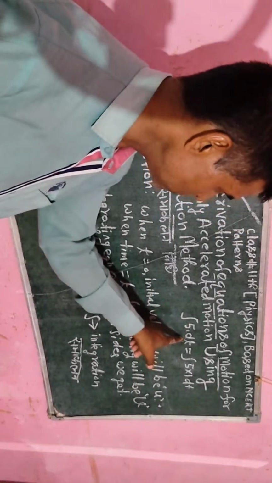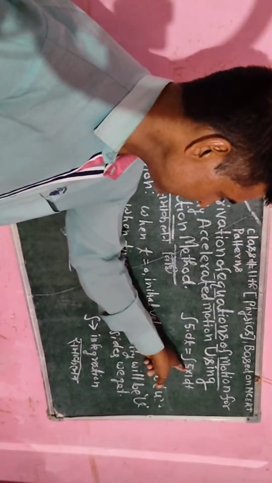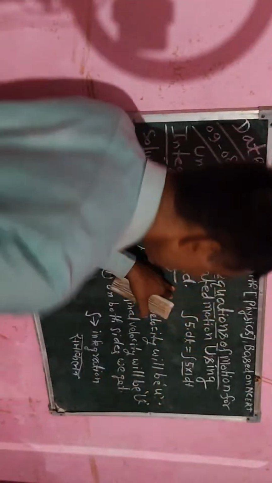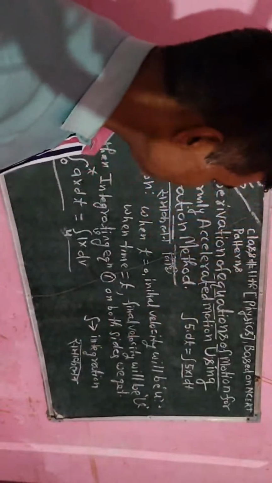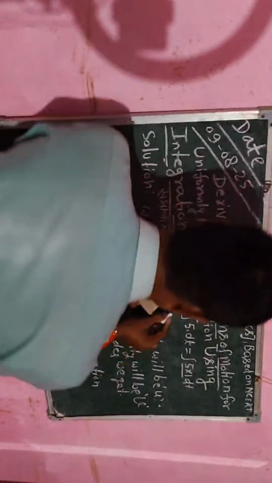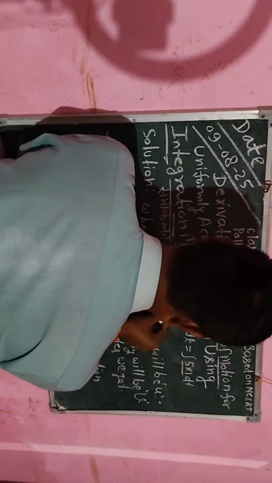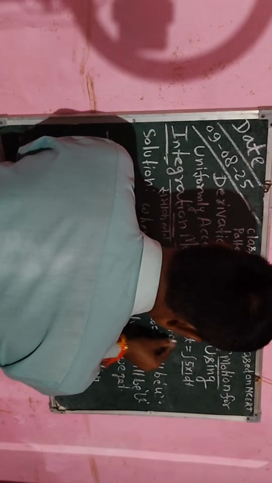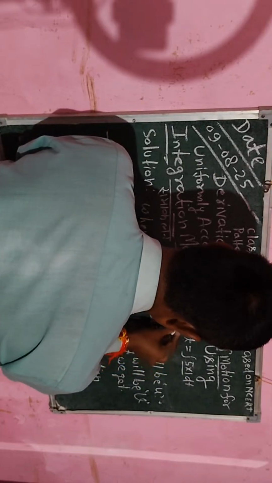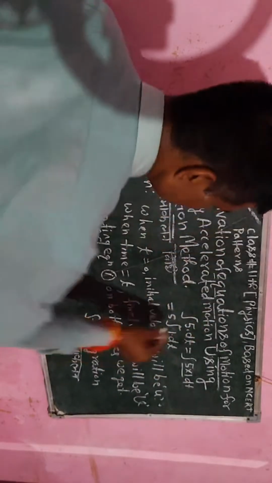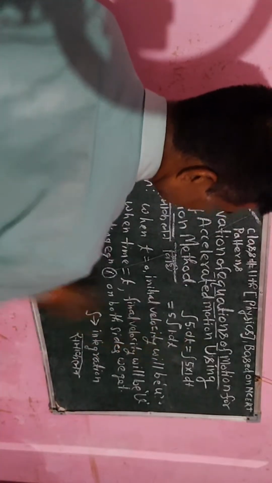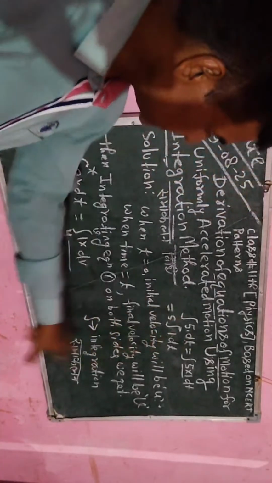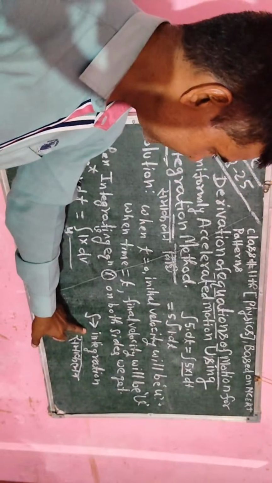Integration of 5 into dt: 5 is a constant, so I will take it outside of the integration sign. So I can write 5 times the integration of 1 into dt. This symbol is the integration symbol I have already written here.